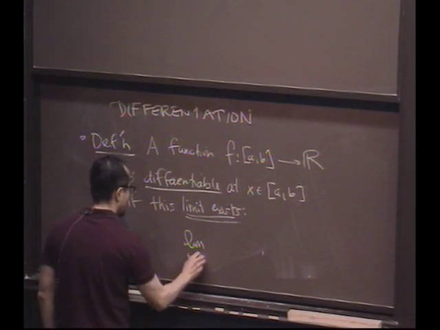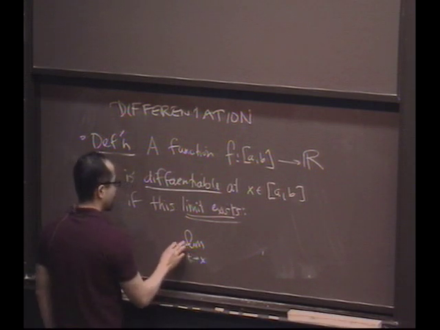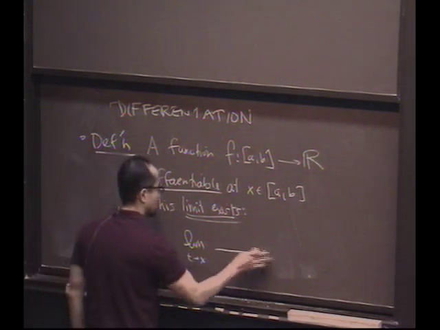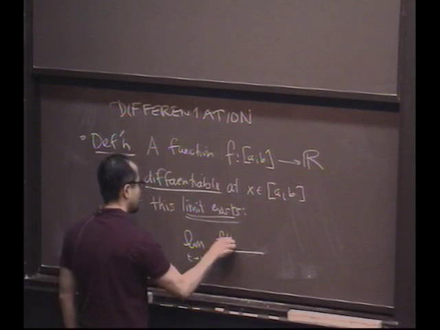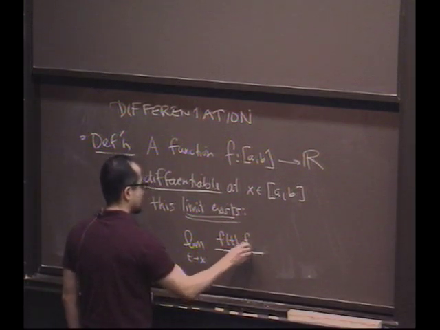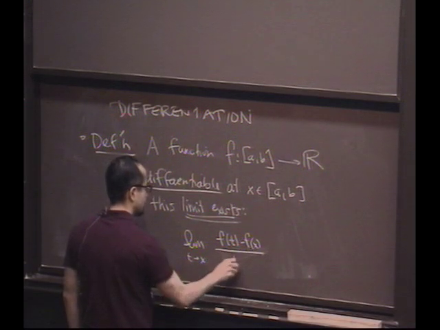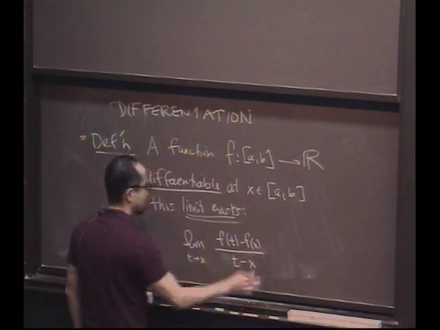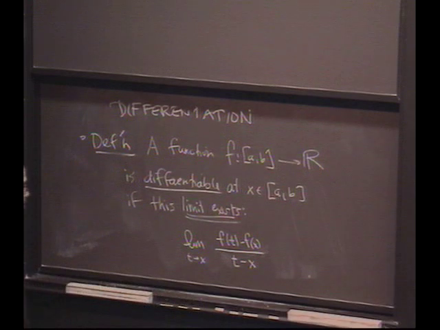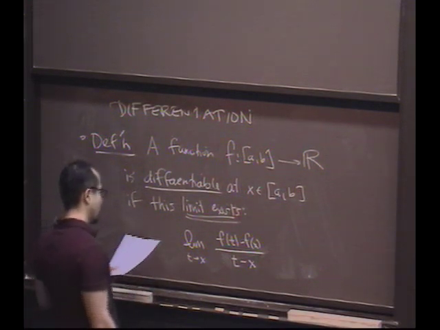I'm going to take the limit of a quotient: f at t minus f at x, over t minus x. And if this limit exists, we're going to say this function is differentiable at x.